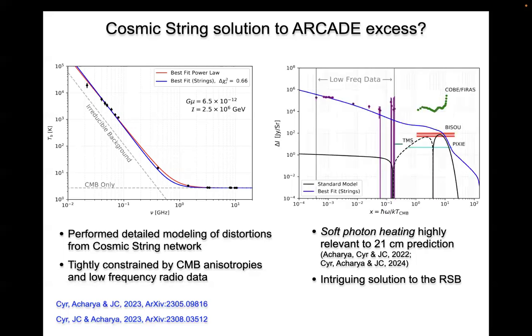And the exciting thing is that this is in principle a target also for CMB spectrometers like TMS, BISOU, and PIXIE, which could be asking the question how the signal is at high frequencies, and thereby potentially even distinguish different origins.